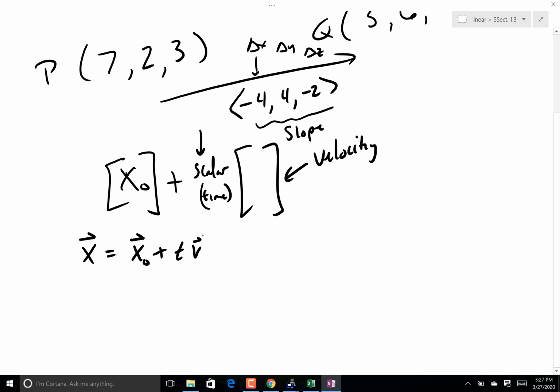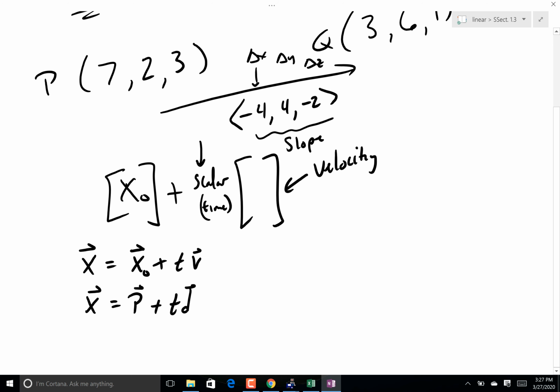Your book uses t and d instead of v, a velocity vector. So this equation here would simply be 7, 2, 3 plus t times negative 4, 4, negative 2.